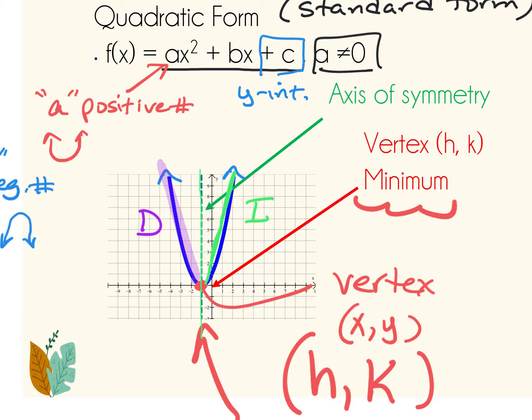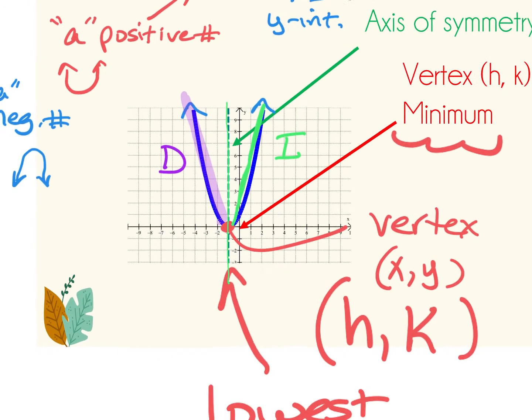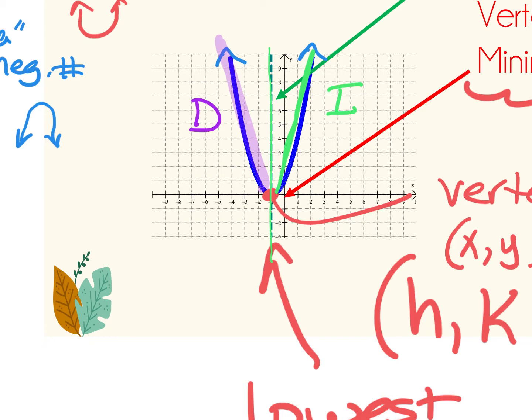If I were to take my parabola and fold it up, that would be like a line of symmetry there. In this case, it's not symmetrical about the y-axis because my vertex is not at the origin. My vertex is actually the ordered pair (-1, 0). That's my vertex.